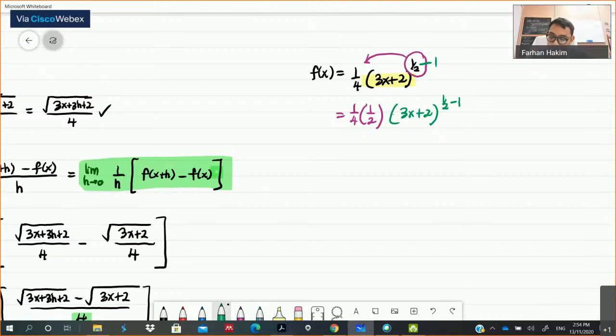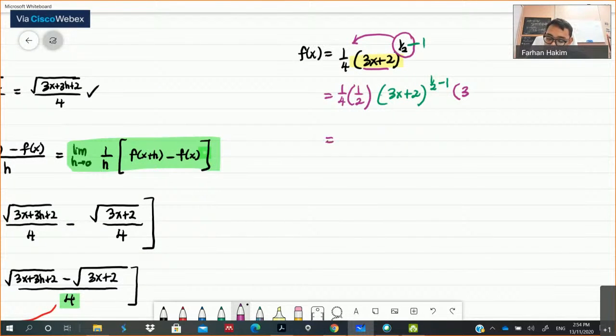Again, we have to differentiate the one in the bracket. The one in the bracket is 3x plus 2. Differentiating 3x plus 2 will give us 3, because differentiating 2 will get 0. So we can simplify this. I'm going to multiply 3 with 1 over 4 and 1 over 2. I'll get 3 over 8. That will be 3x plus 2 to the power of negative 1 over 2.